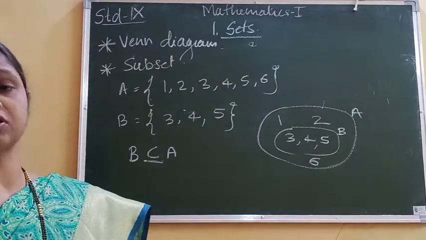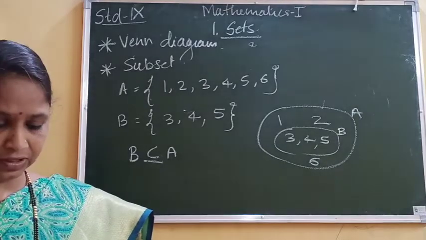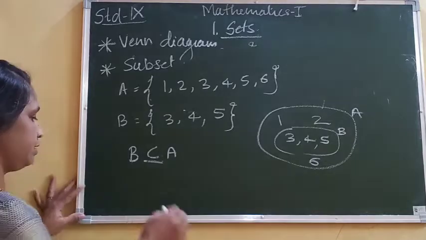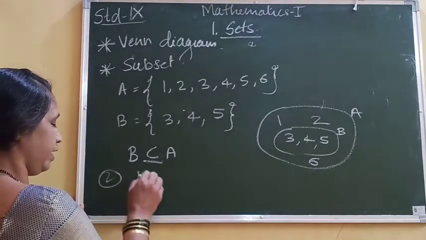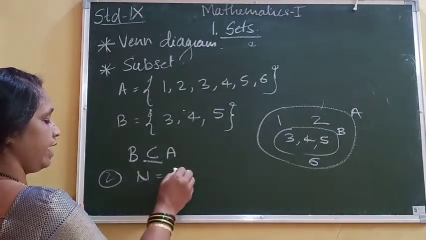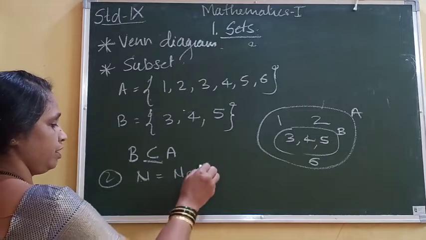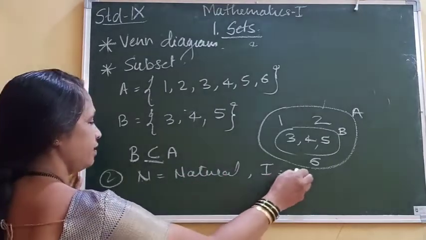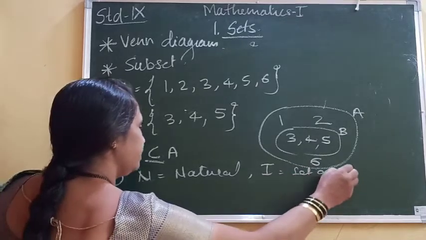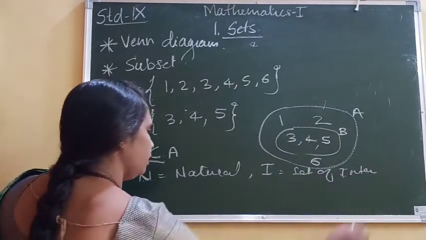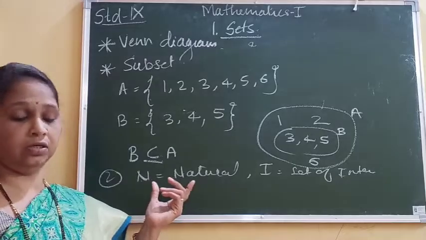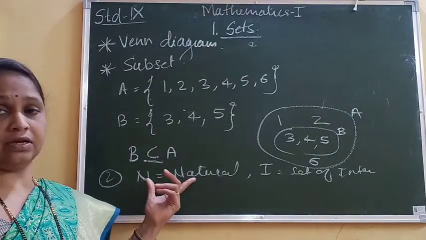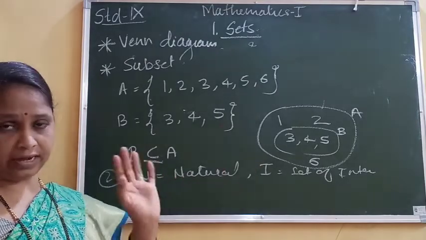Now see another example: natural numbers. The set N is represented as the set of natural numbers, and I represents the set of integers. Natural numbers are 1, 2, 3, 4 and so on.